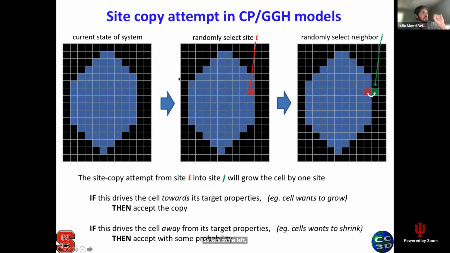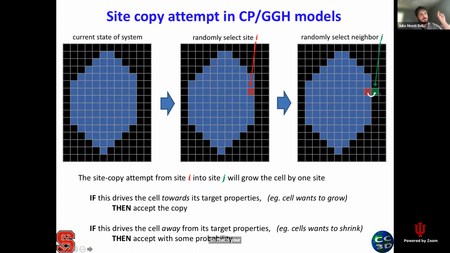And the way you evolve it is by first randomly selecting a site in your lattice. It can be any site, but if you select a site that lies at or very close to the boundary, that is a site that can actually grow into another one. So you select this red one here, site I. And after you select this one, you select another site, a neighboring site to this one. So in this case, you select this green site right to the right of it. So that's your original site I, and then you select another site J.